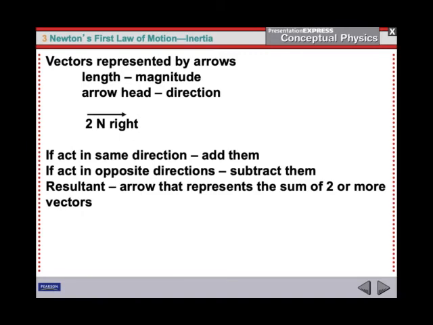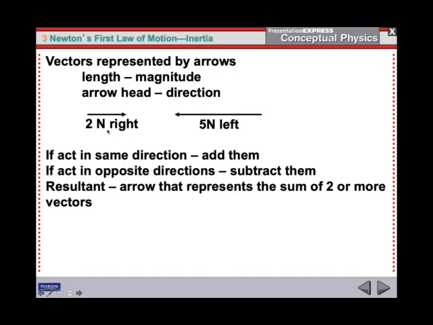Ignore the stuff that's down here just for a minute. And then you have 5 newtons to the left. So if they're acting in the same direction, if you had 2 newtons right and 5 newtons right, then you just add them together and it would be 7 newtons to the right. But because they're going in opposite directions, you have to subtract them.